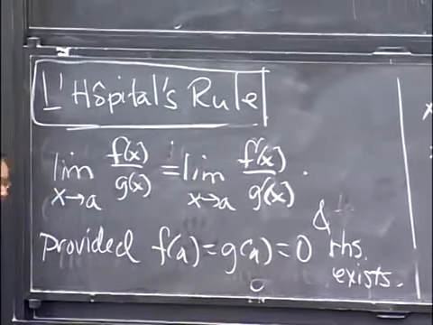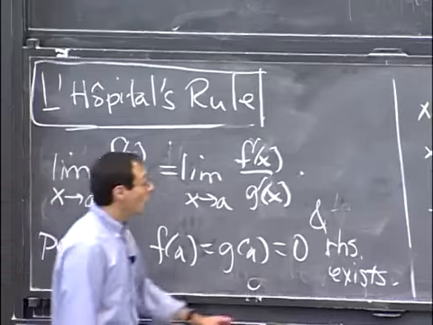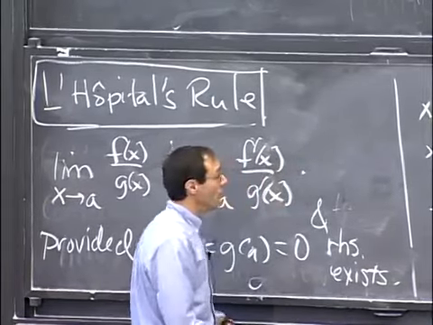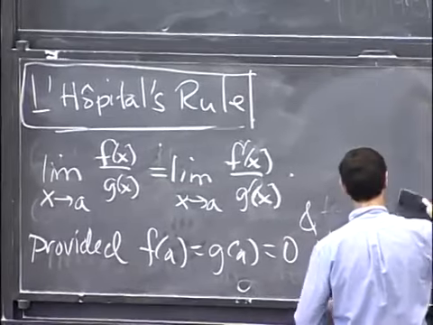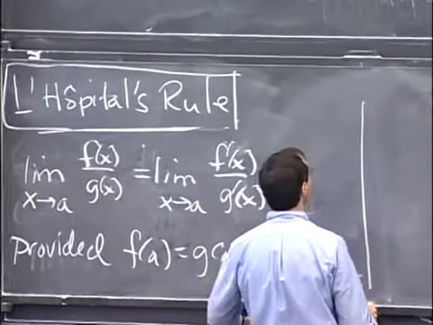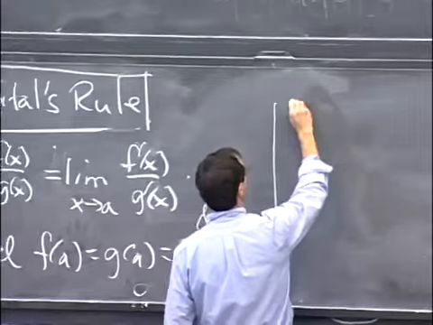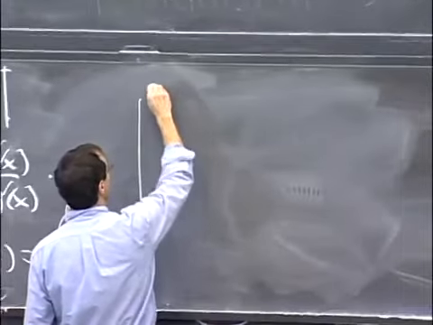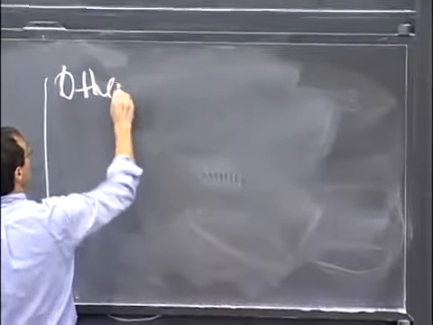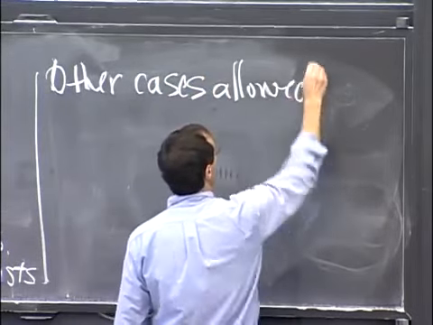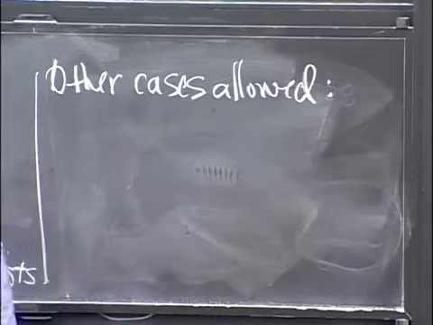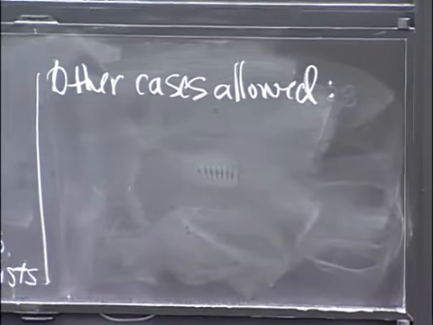All right? But I claim that it works better, and I'll write them again to show you that it works for these. So there are other cases. And the other cases that are allowed are this.